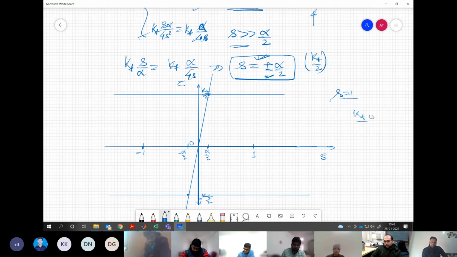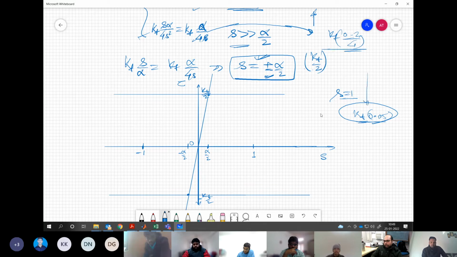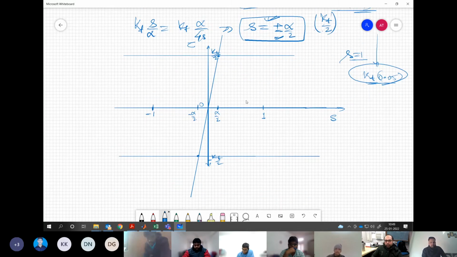So this is something like 0.05 times of kt. Correct? From here you check. This is what it is coming. So if this is 50% of kt, this is 5% of kt. Somewhere here, let us say. Okay, so this hyperbola will continue something like this.